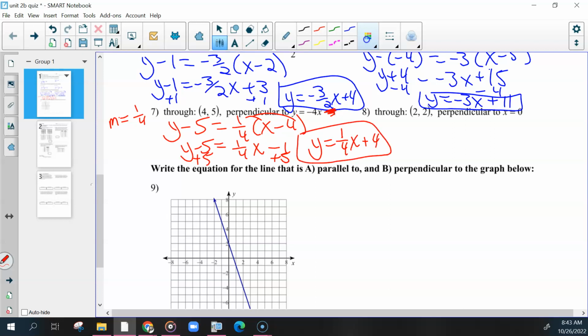So y equals 1/4 x plus 4 should have been your answer for that one. Questions on that one?